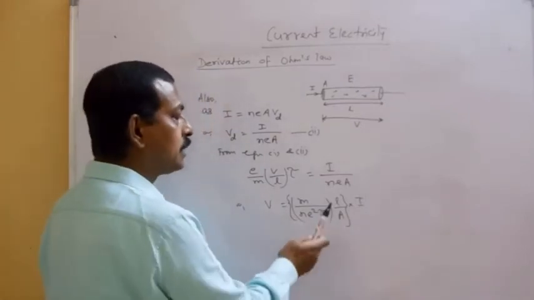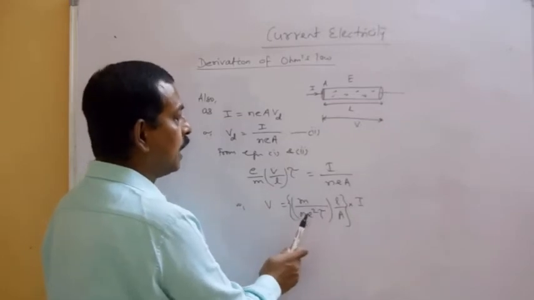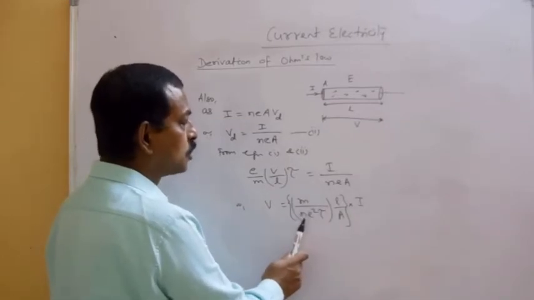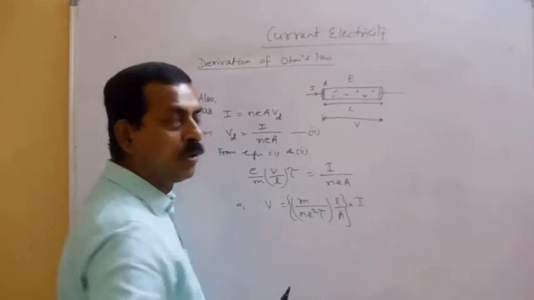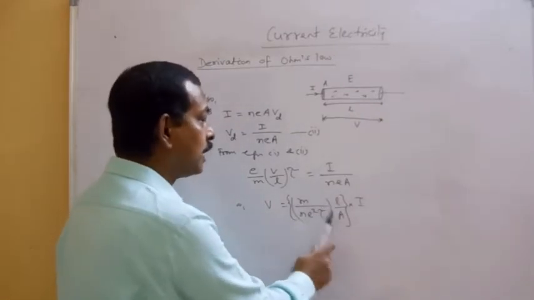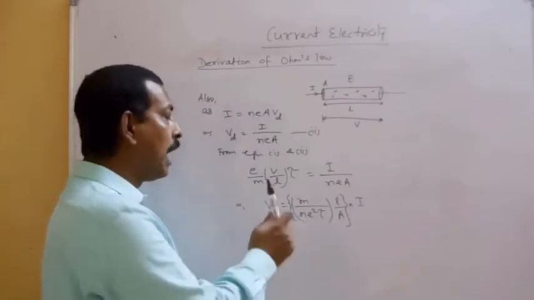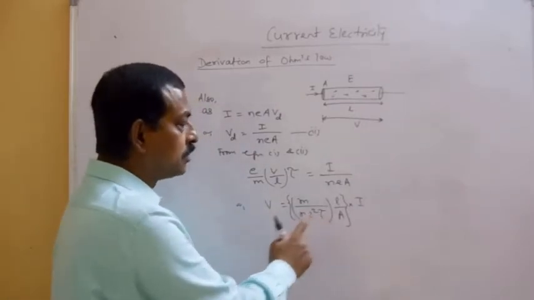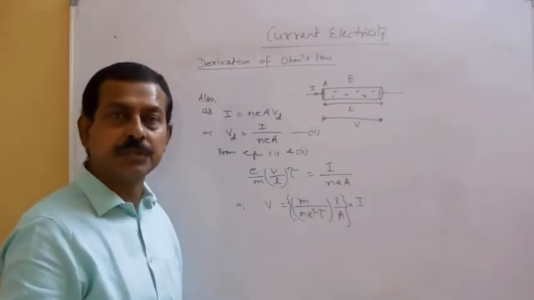Because for a given conductor, m, n, e² will be constant. For a given conductor, L and A will be constant, and at a particular temperature, this tau will be constant.